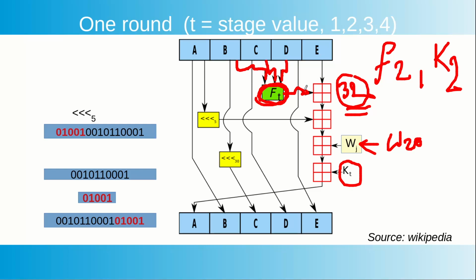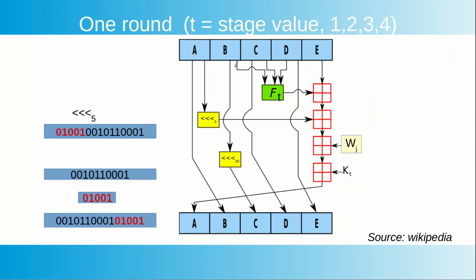So this word that has been generated by this function and the last word E, we will XOR. With that we will XOR the bit rotated A 32 bit, and then with that we will XOR the word, and with the output of that we will XOR this constant.